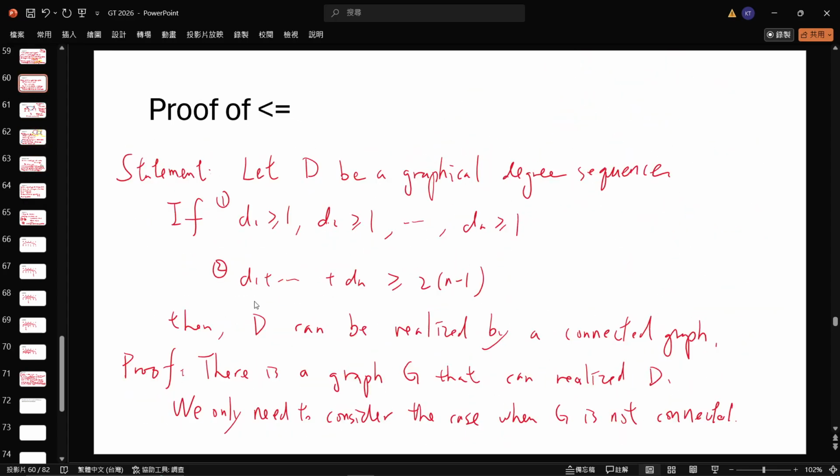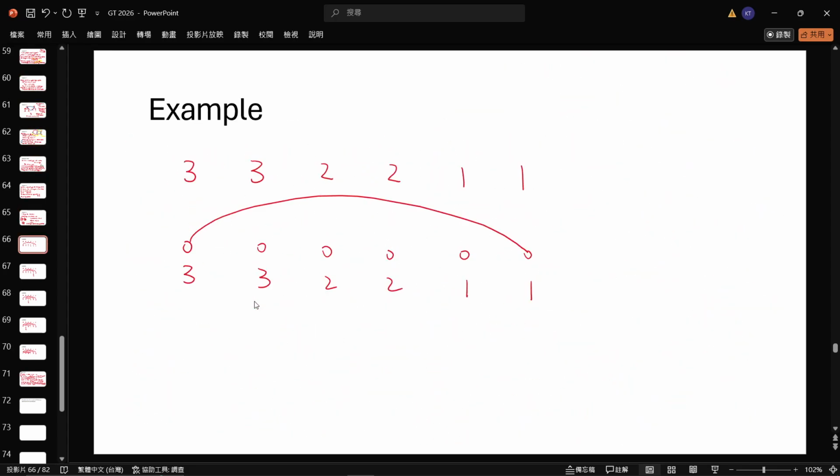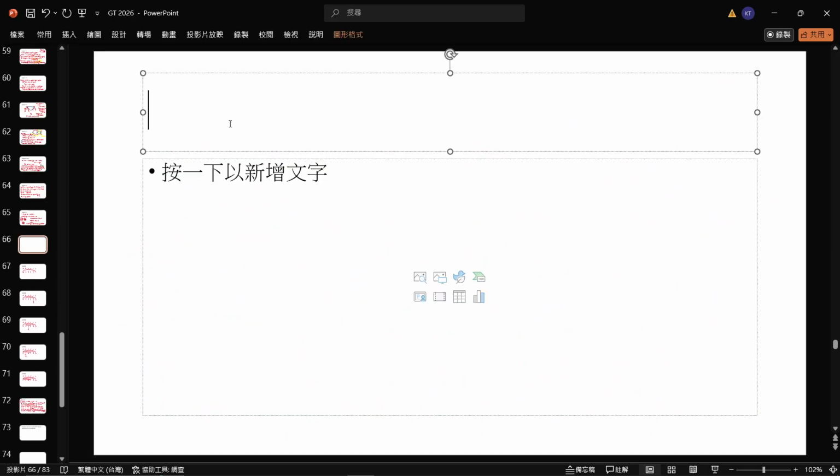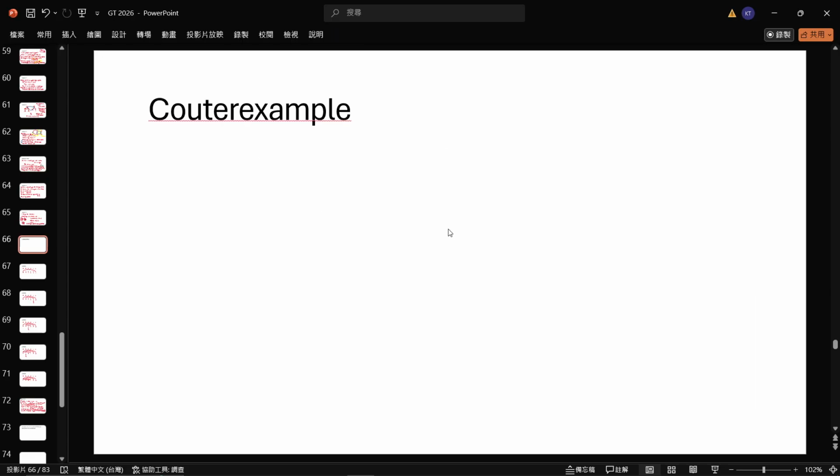So let's consider the counterexample we have to illustrate my idea. Okay.